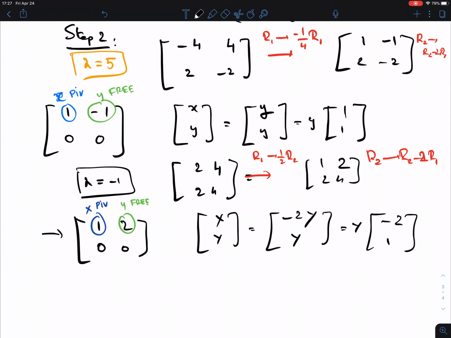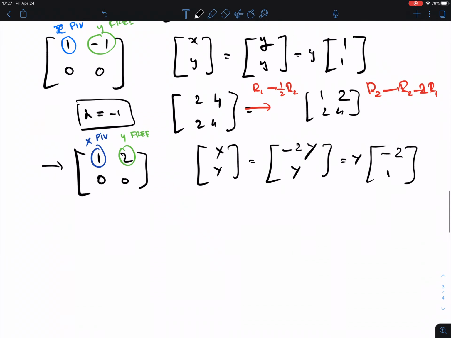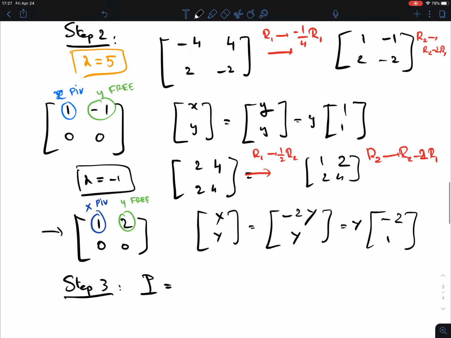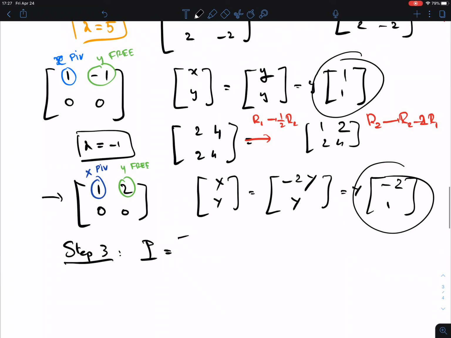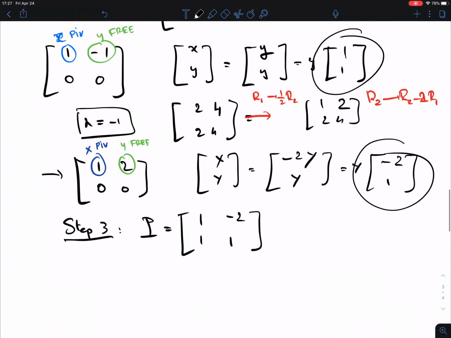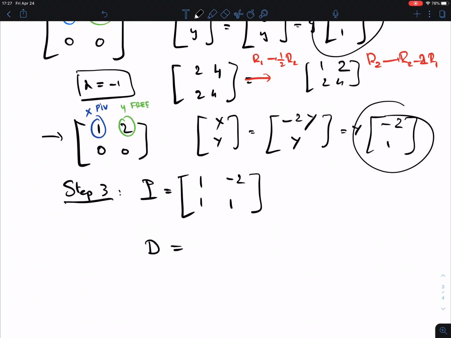We have a basis for the eigenspaces. Step 3 is the new step now. What is P? Well, it's very easy. P is just you take these two vectors that you found, or however many you find, and you put them in a matrix. So in this case, 1, 1, negative 2, 1. And you also declare what D is.